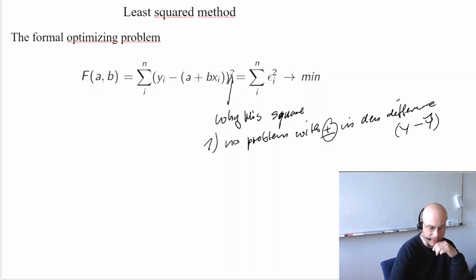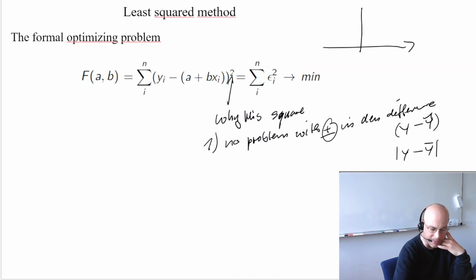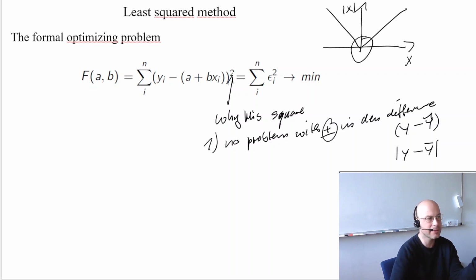But this plus minus would also vanish if we take just the absolute value, y minus y hat. But how does the absolute value of some number look like? This looks like this. And this has one not very nice property, because at this point, if the absolute value is 0, so in case that our collected data point and our theoretical data point coincide, then this function is not differentiable anymore.